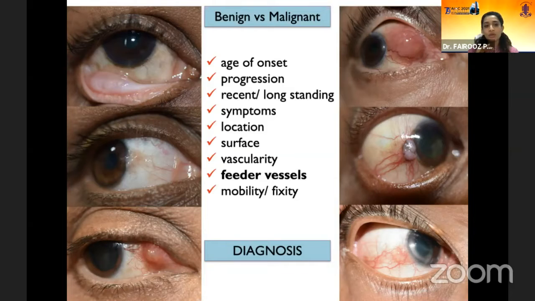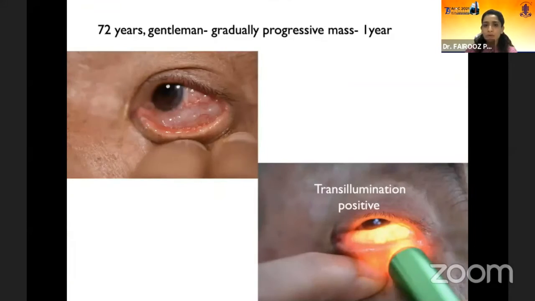What you see on the left are all benign lesions, and on the right are the malignant lesions. There is a very striking difference between these two, and the most important feature is the vascularity of the lesion, the large feeder vessels, the elevation, and the thickness of the lesion, and exactly that is what we are going to speak about today.